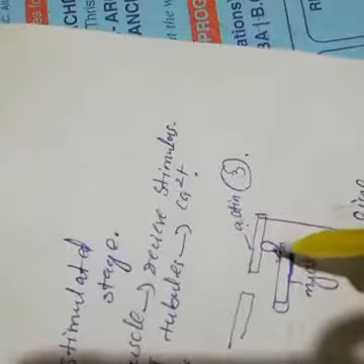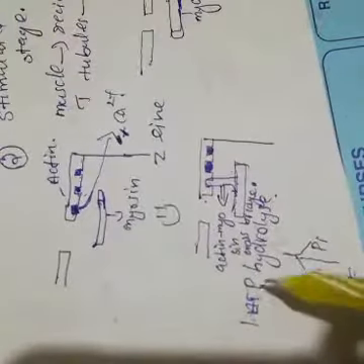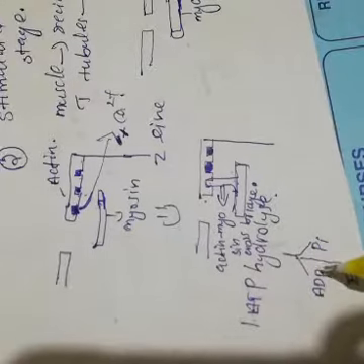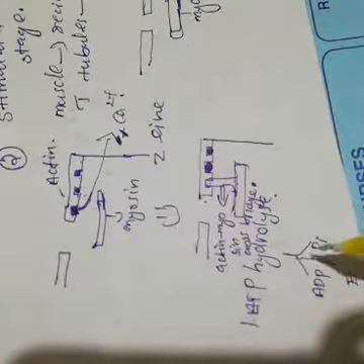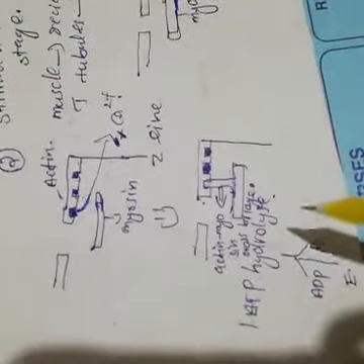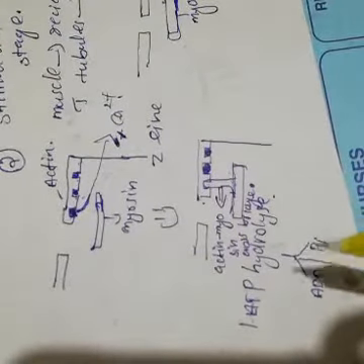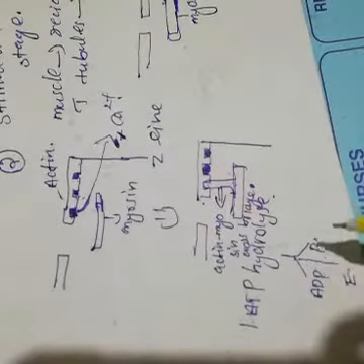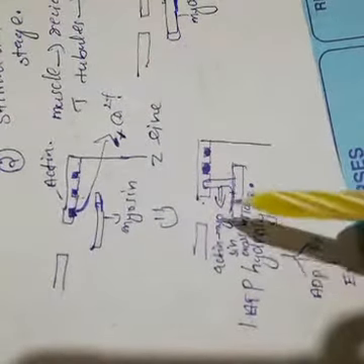So we know that one molecule of ATP will hydrolyze and convert into ADP and Pi, and during this process some energy will be released. Out of this whole energy, a small amount is used for the actin myosin cross bridge formation, and the remaining energy is free.